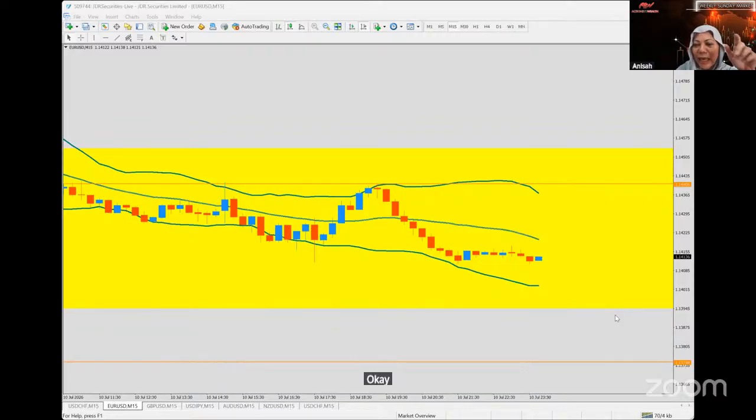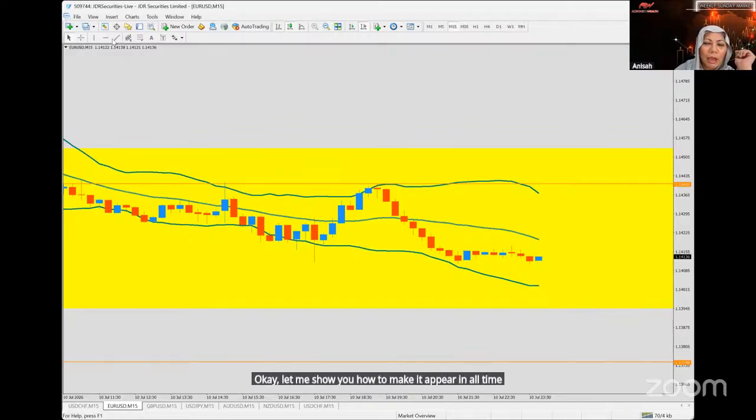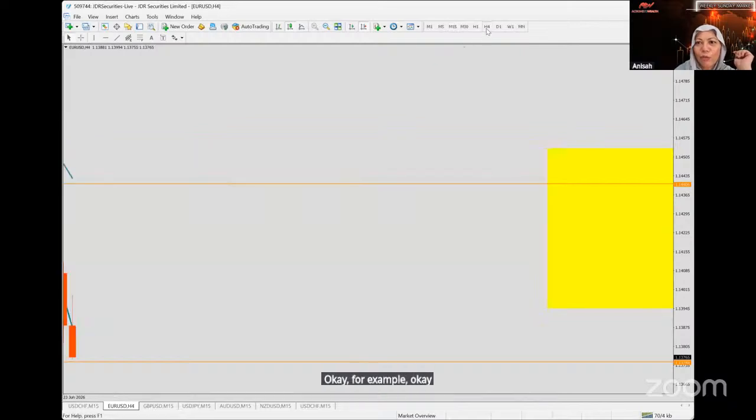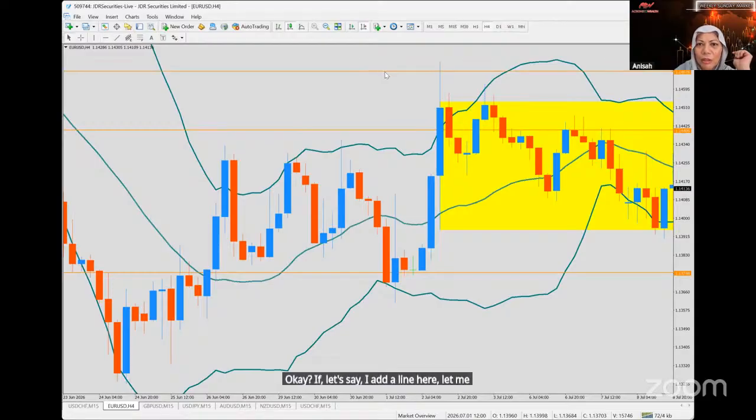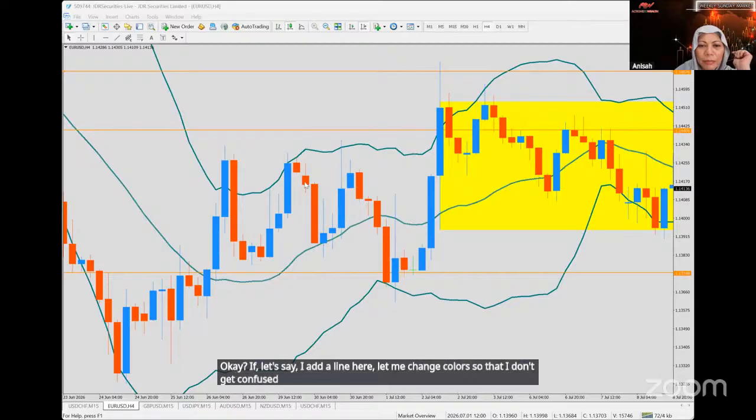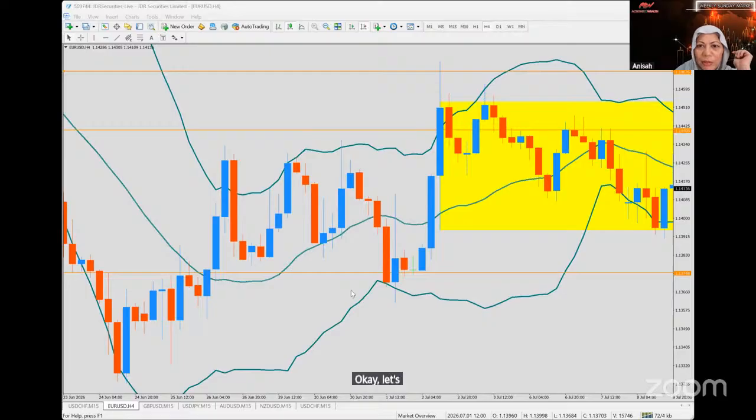Let me show you how to make it appear in all time frames. For example, let's go to H4. Let's say I add a line here. Let me change color so that I don't get confused. Let's use purple. On visualization, you make sure the show on all time frames is ticked.